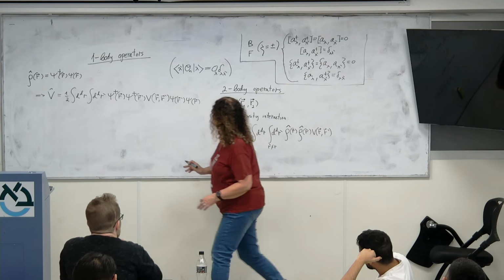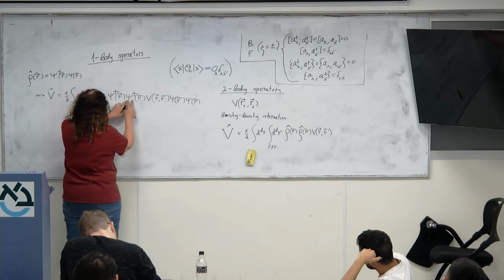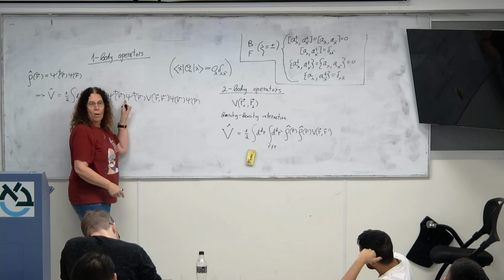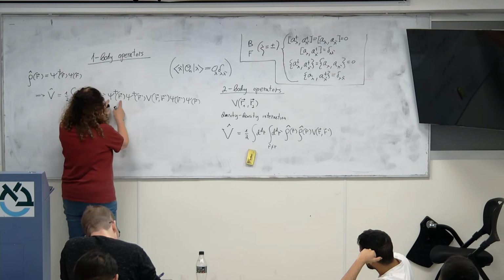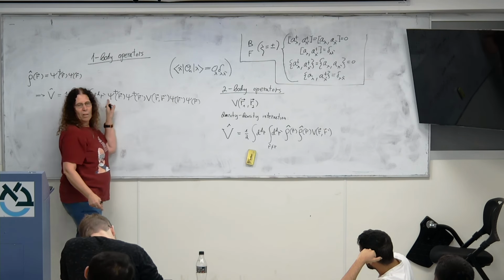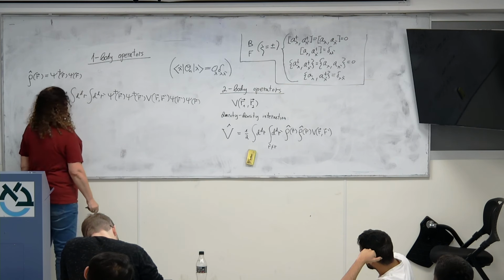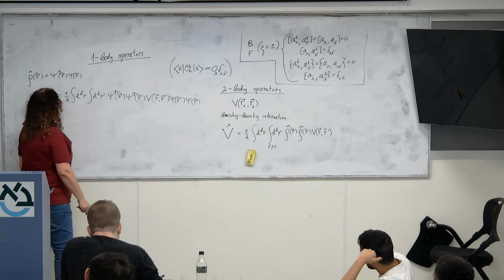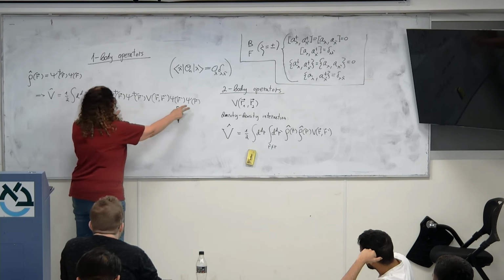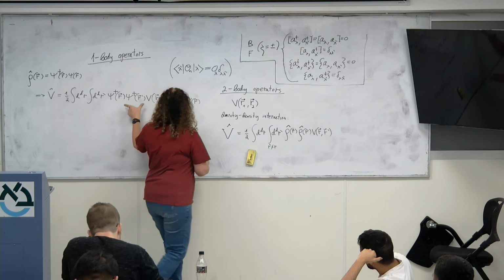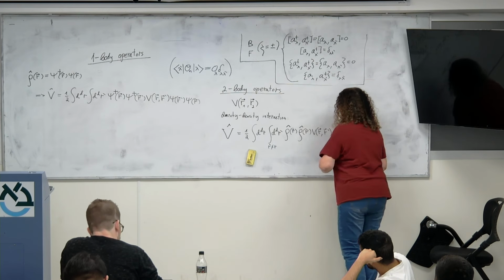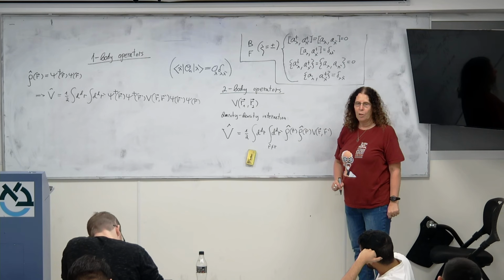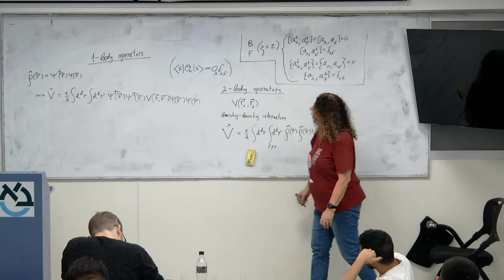And notice I wrote it like this. So this combination, psi dagger of R prime, psi of R prime, is rho of R prime. Psi dagger of R, psi of R is rho of R. But I wrote it in a funny way, right? Because in order to get from here to here, I must use some commutators. It's not trivial, right?